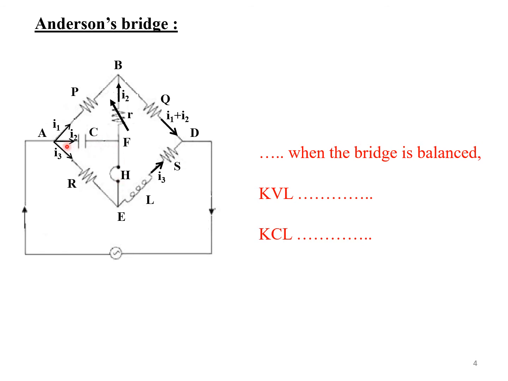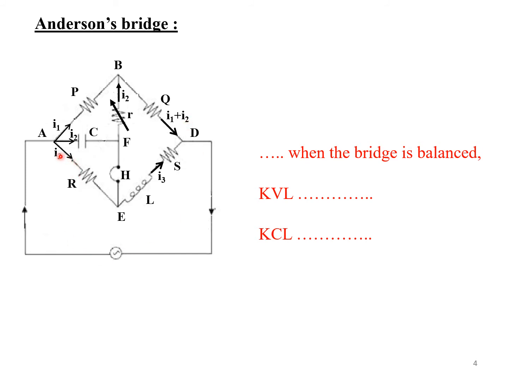Therefore, the current that enters this particular point F will move towards B, the same current I2. So here current I1 is entering the junction B, I2 is entering the junction B. Therefore, the current that flows through this particular part of the circuit BD will be equal to I1 plus I2.